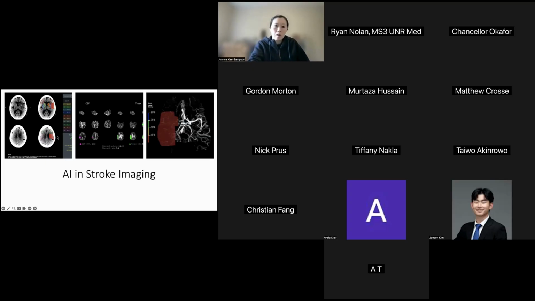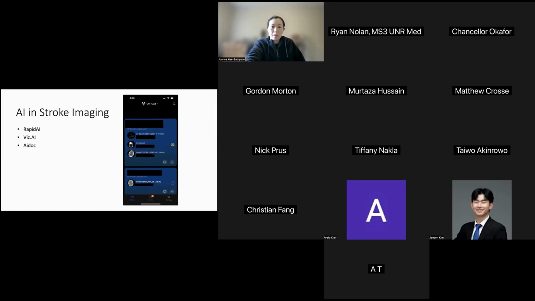There are different software out there, like Rapid and Viz AI, that automatically calculate the ASPECT score off the non-contrast CT head, calculate the perfusion maps to tell you what's infarcted and what's penumbra, and the mismatch between infarcted tissue and salvageable tissue, and also automatically pick up occlusions on the CT angiogram. These are all very helpful tools to help select patients for endovascular thrombectomy.